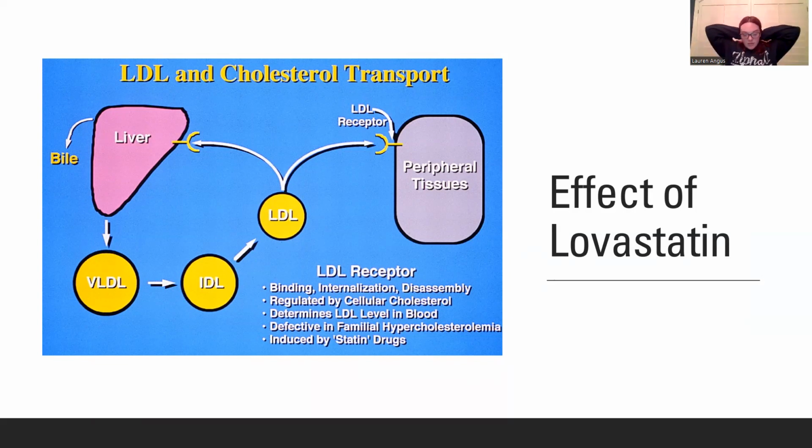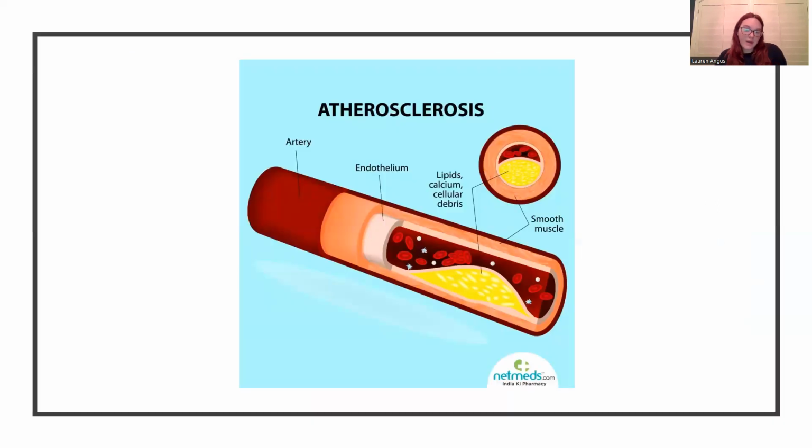So mainly, lovastatin is increasing the need to take the LDL from the bloodstream, internalize it, put it somewhere else, and not let it float around in the plasma. This is what happens when LDL does not get put back where it goes, and it remains in the bloodstream.